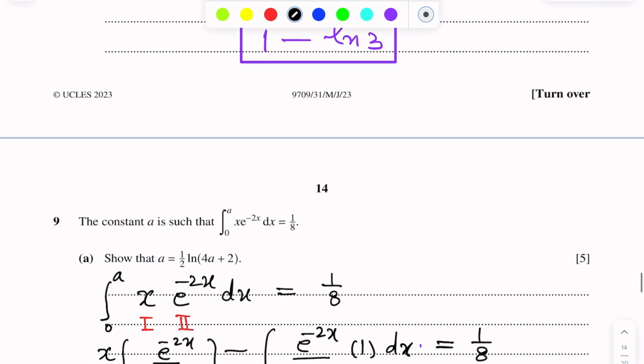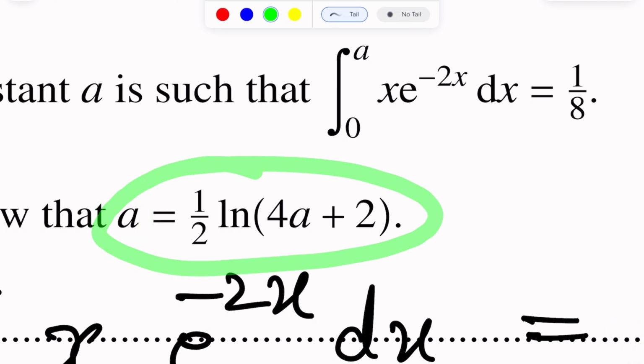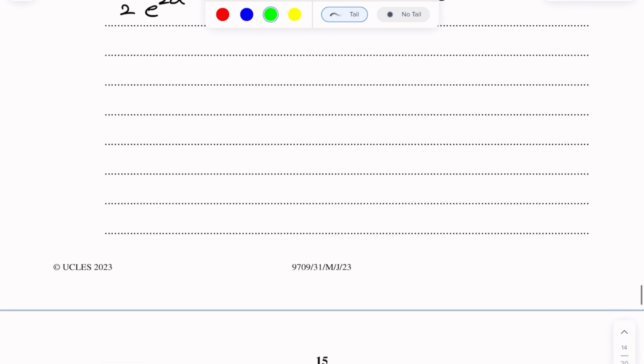We have to show this relation. We have to make a the subject.